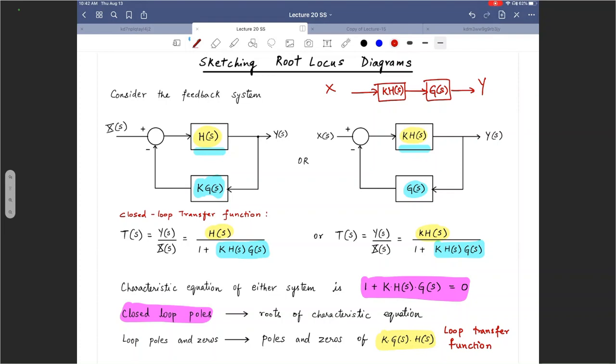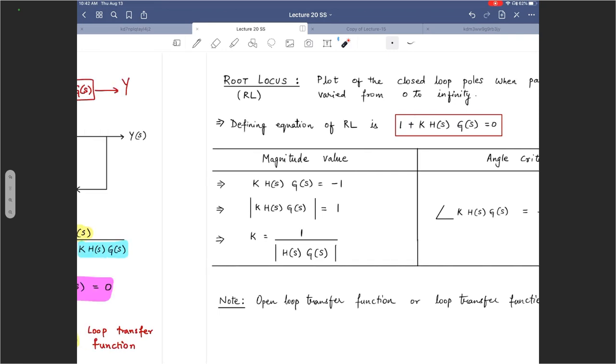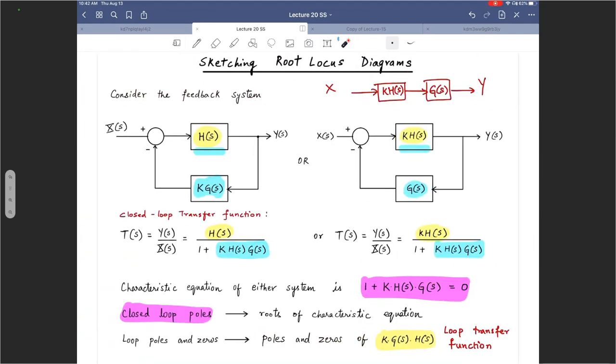But that distinction is essentially made based on where you are taking the output. So the closed loop transfer function is when the loop is closed and you get forward divided by 1 plus product transfer function. But for open loop transfer function and for loop transfer function, we are considering that to be k times h times g, with the picture that I just showed. Right? Y divided by x is going to be the product of the transfer functions of these two systems.